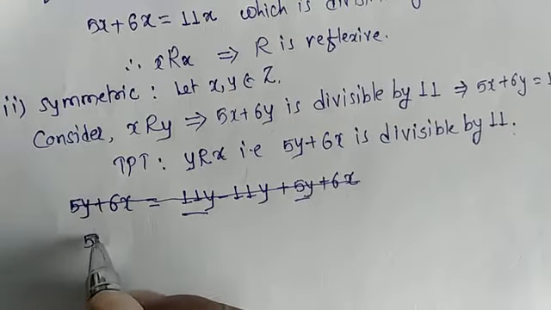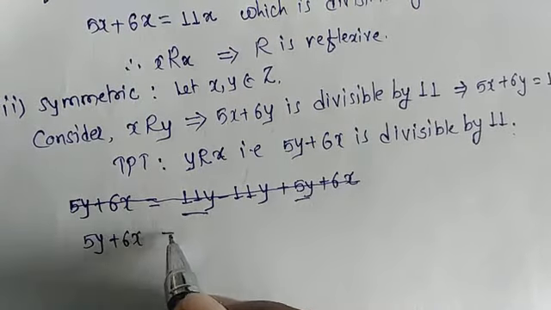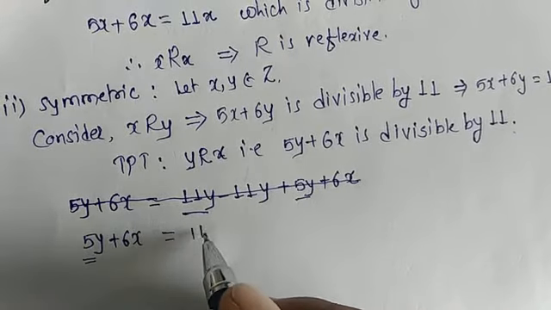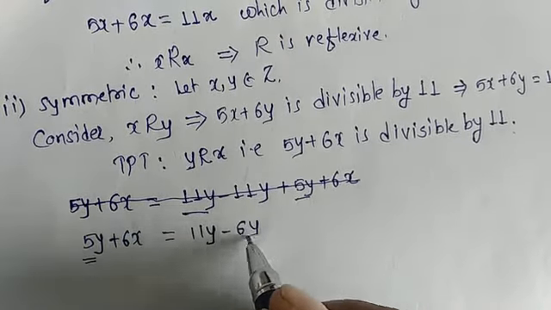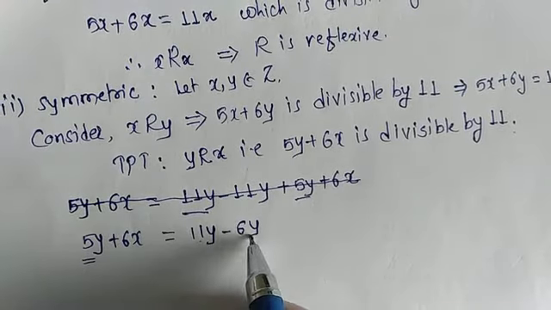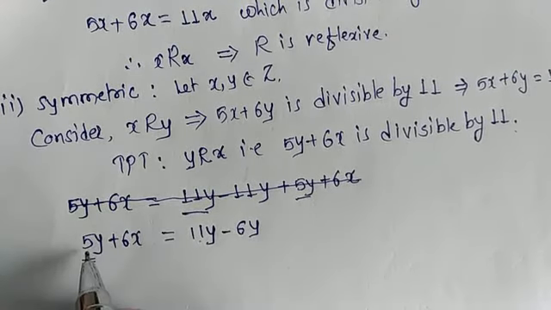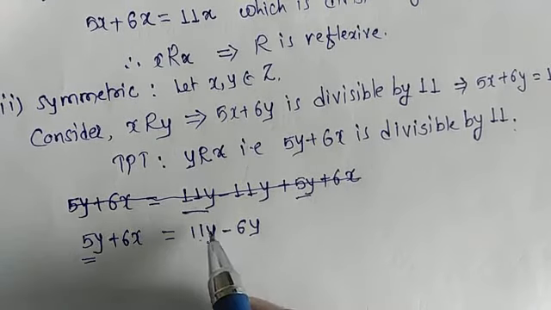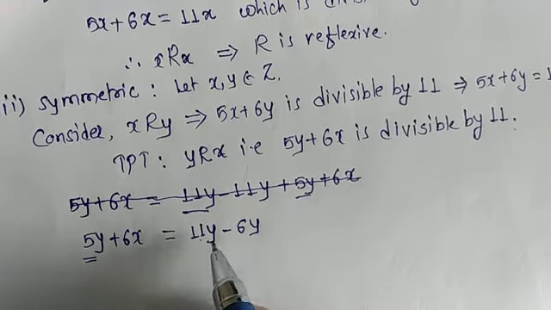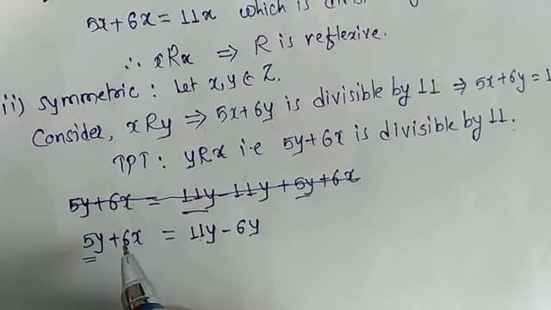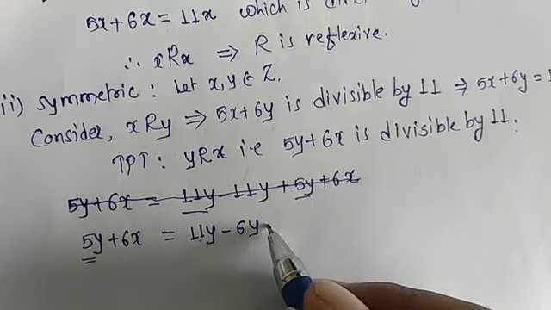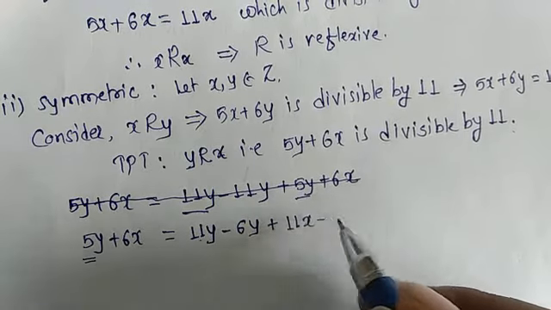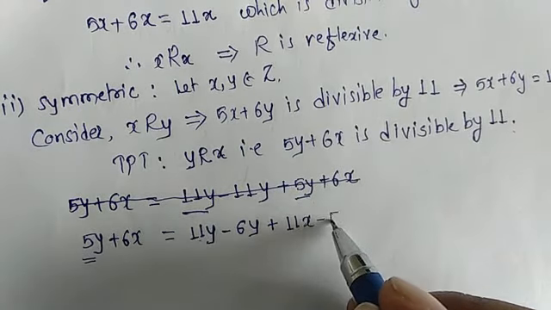It can be written as 5y plus 6x. Now 5y can be written as 11y minus 6y, since 11y minus 6y is 5y. We have to take 5y in this form. Similarly, 6x can be written as 11x minus 5x.